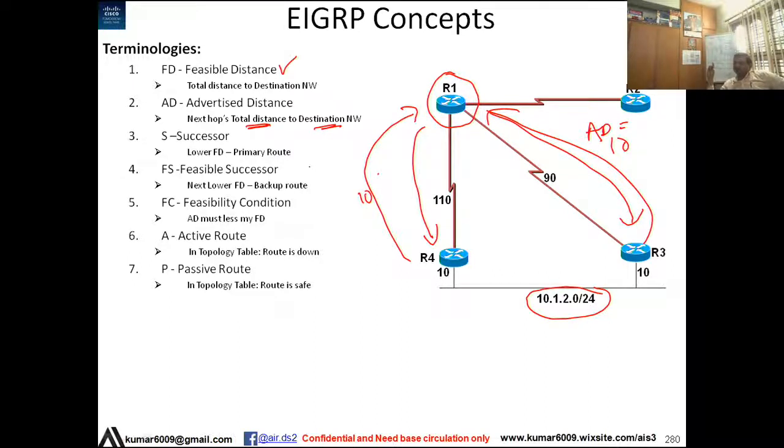R3 or R4? Yogesh. Lowest FD. What is the FD by R3? FD means total distance. Total distance how much, for the 10 dot network?